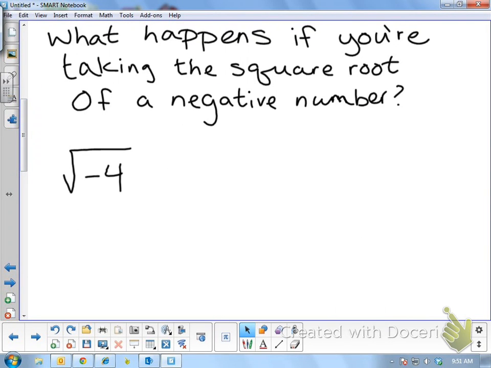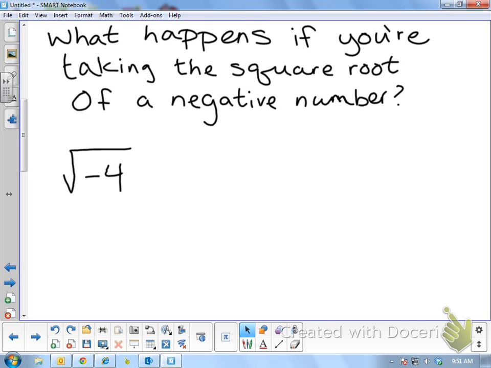So let's look at the square root of negative 4. When we're square rooting this, we know square root really means what number multiplied by itself equals the number under the square root.